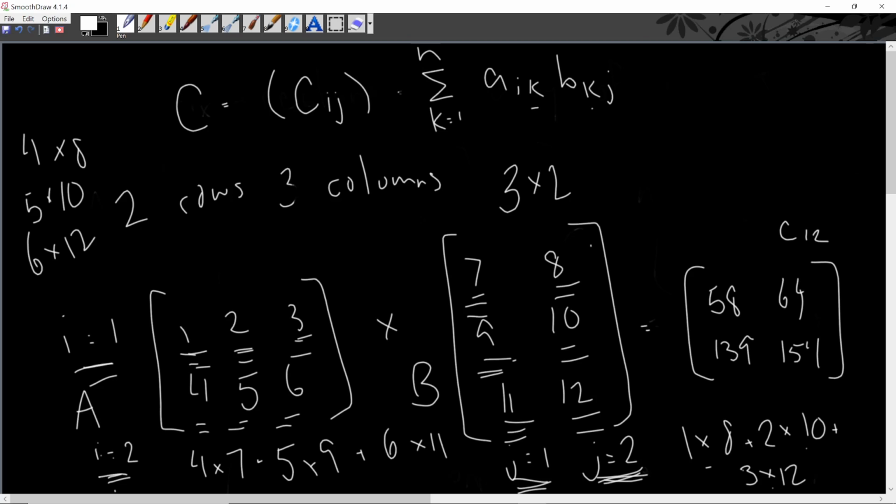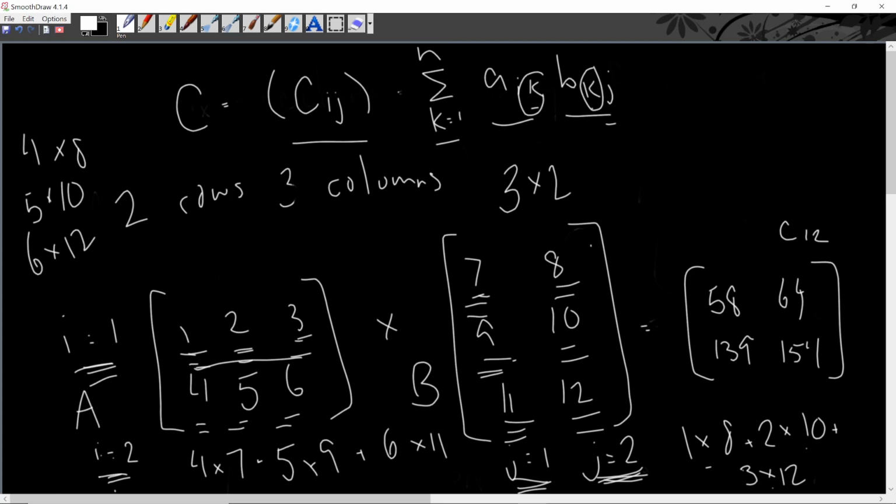So k has to start at 1 because you can't have the 0th element. They'll always start at 1. And you have every element in the ith row. So for this one it was i equals 1, and we had to multiply that to every element in the jth column, where k and k are the same value. And then this will be everything j equals 1. And you have to do that for every element in Cij.